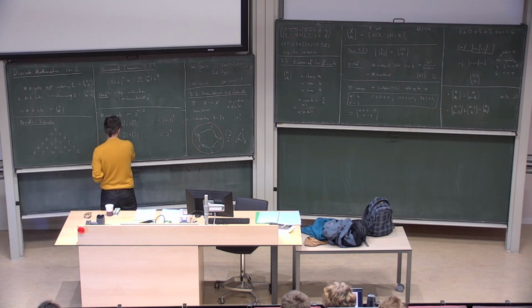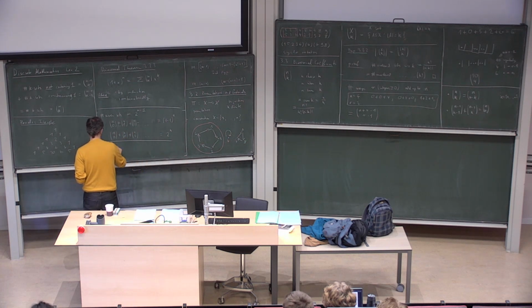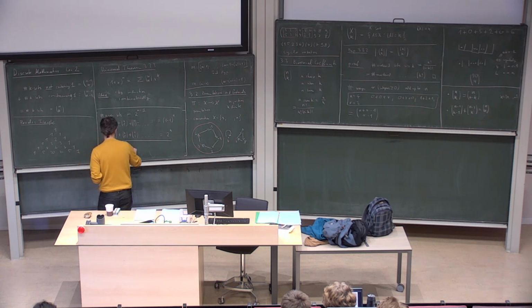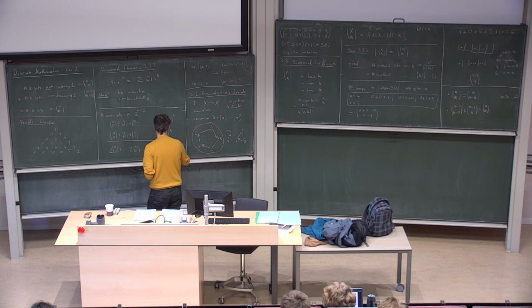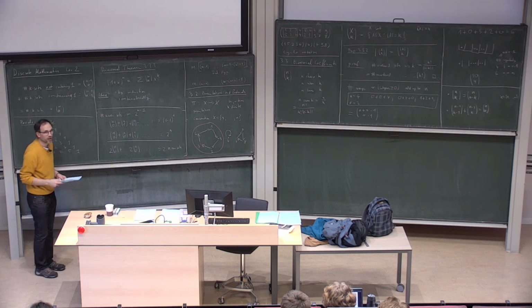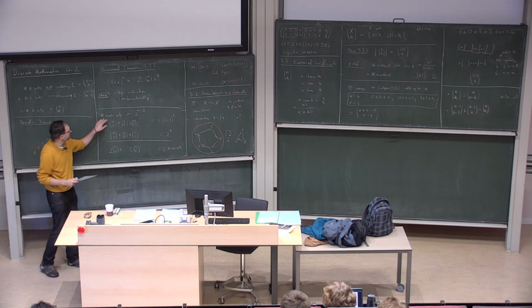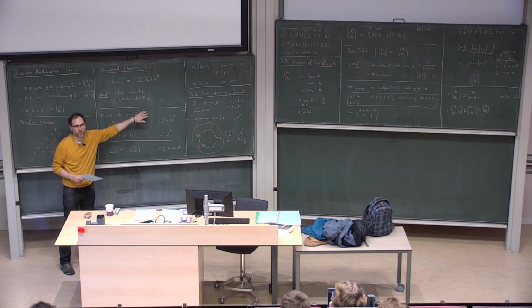Now, if we add them up, we get 2 times n choose 0 plus 2 times n choose 2, and so on, which is 2 times the number of even sets. And in this way, we can show that the number of even sets is 2 to the n minus 1.